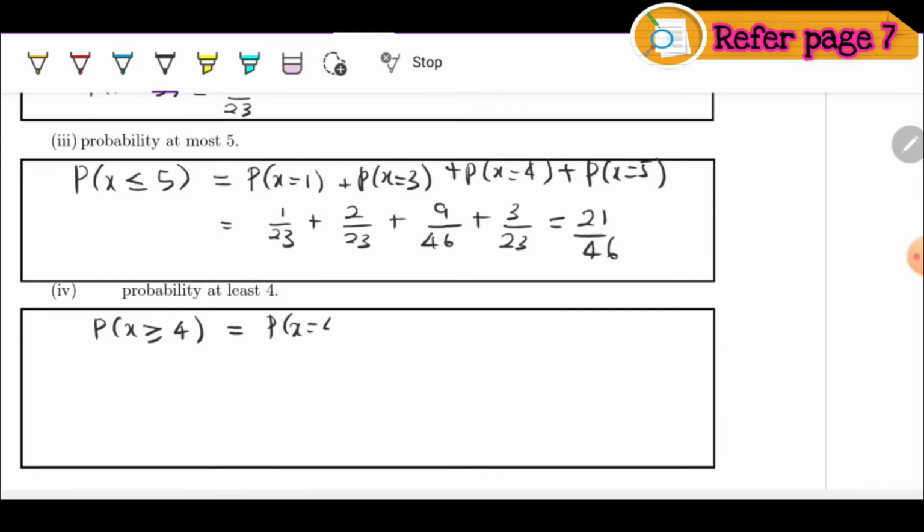So P(X=4) plus P(X=5) plus P(X=6). The probability when x equals 4 is 9 over 46. When x equals 5, the probability is 3 over 23. When x equals 6, the probability is 25 over 46.